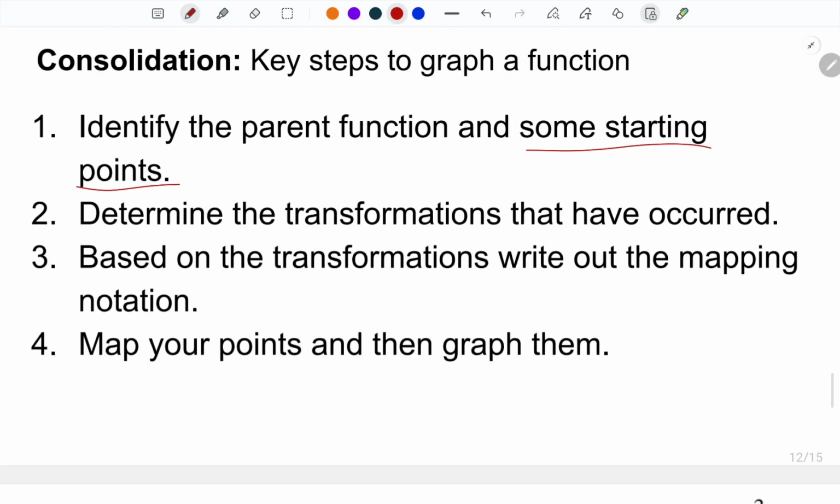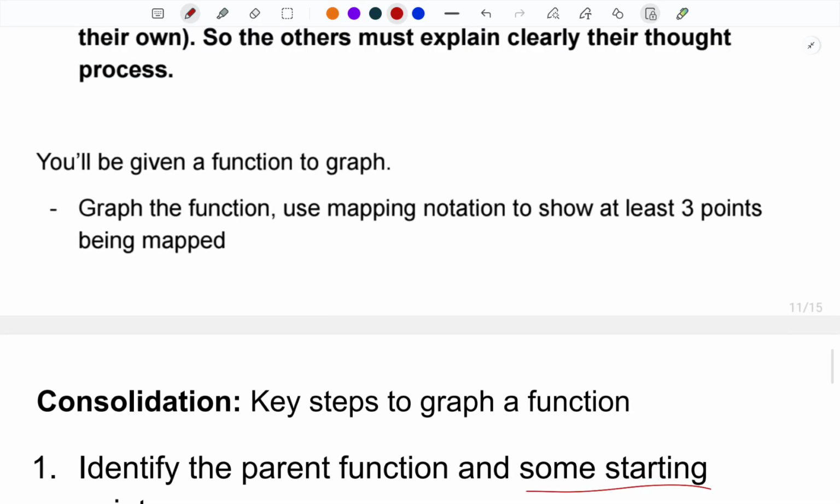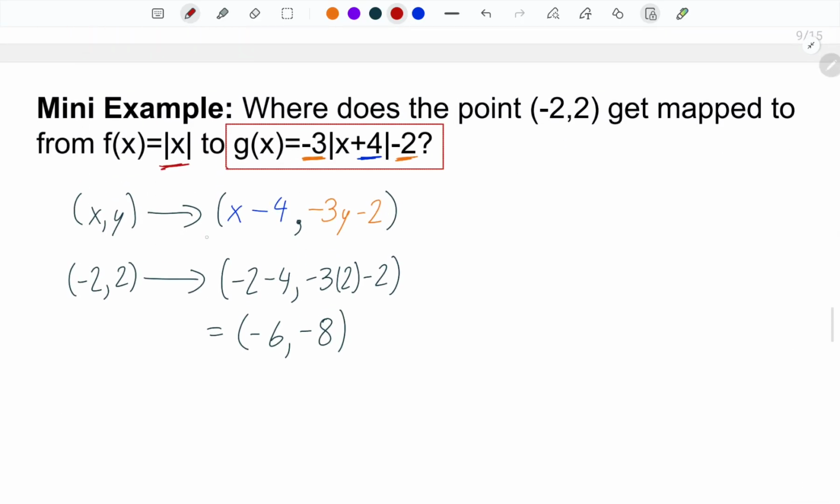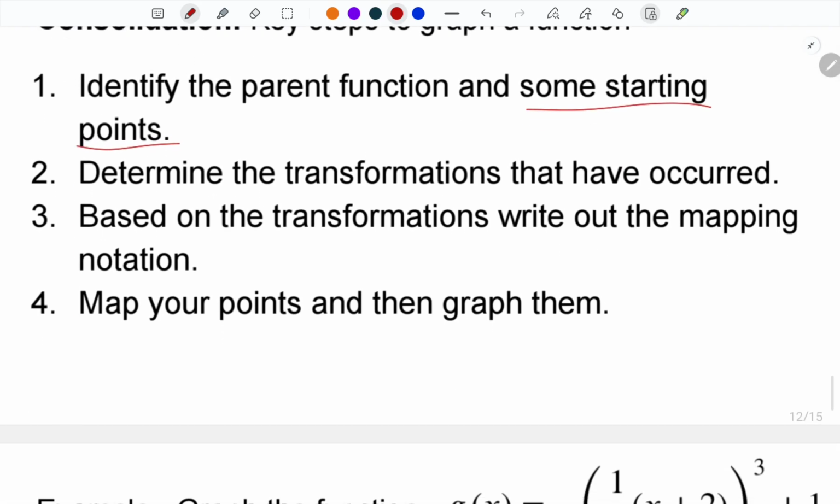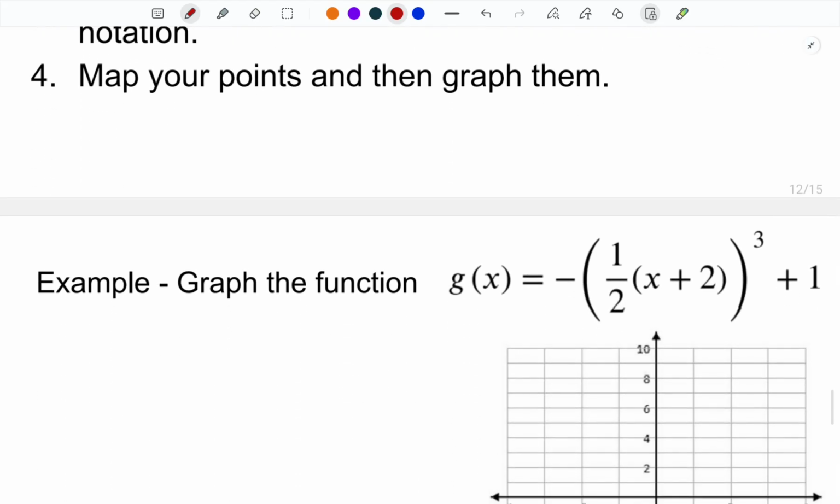So you need to be familiar with those starting functions. And then when you have the transformations, you can write out the transformations in terms of the mapping notation. That's just this step where I have the x minus 4, negative 3y minus 2. That's turning the transformations into basically math, into algebra. And then just map your points and graph those new points.